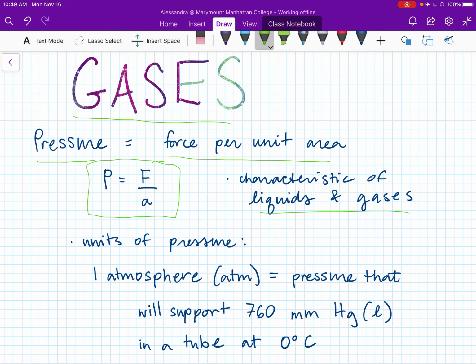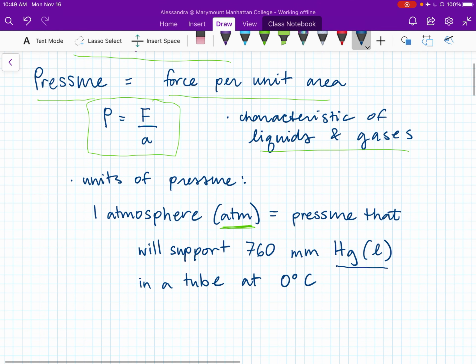There are many, many different units of measure for pressure. And the most common one that we're going to be using in this class is the atmosphere. So 1 atmosphere, which is abbreviated ATM, is defined as the pressure that will support 760 millimeters of liquid mercury, in a tube at 0 degrees Celsius.